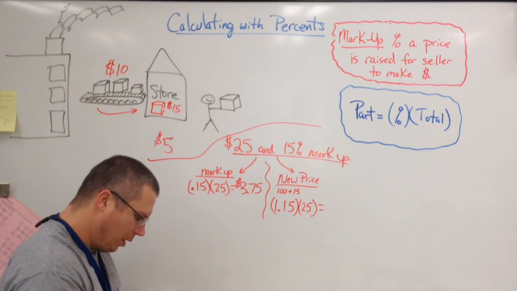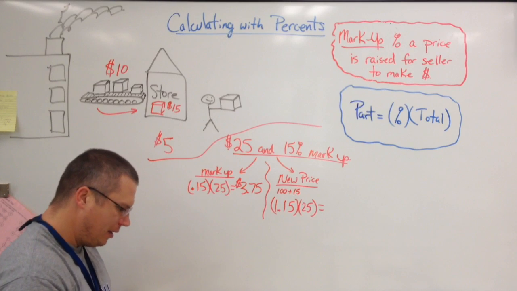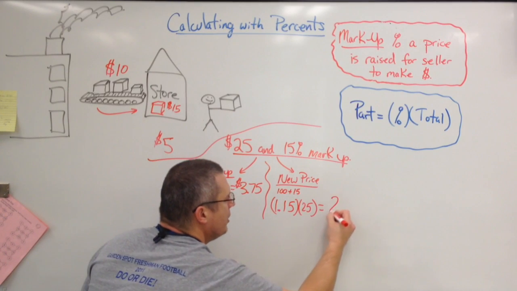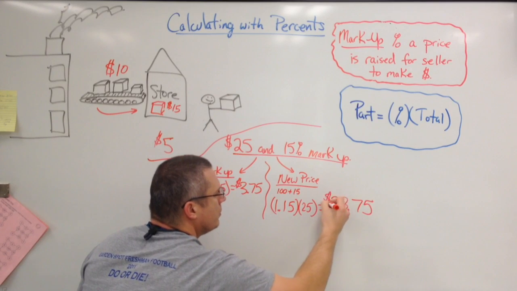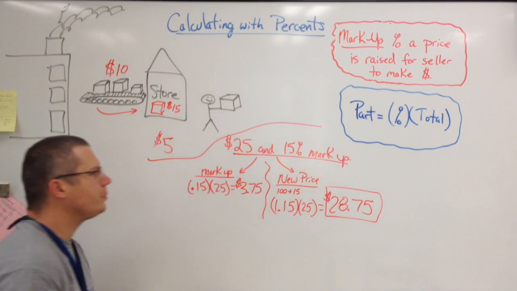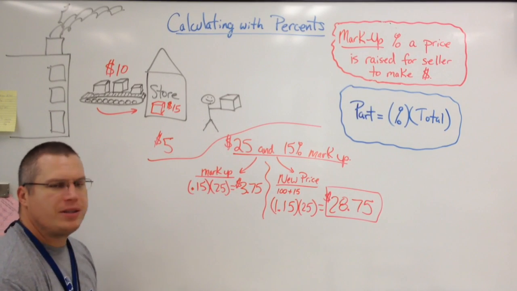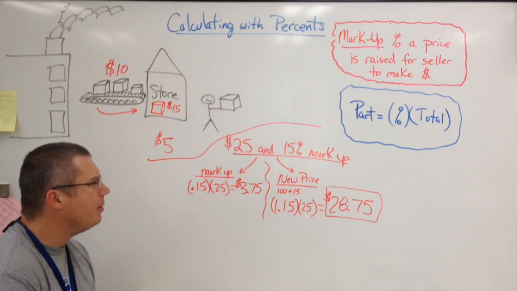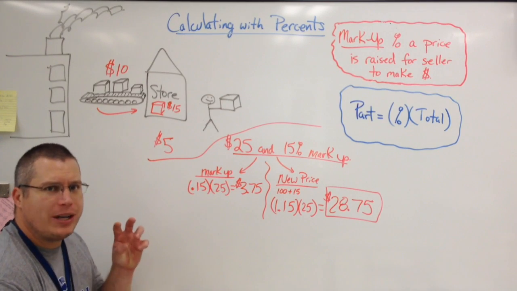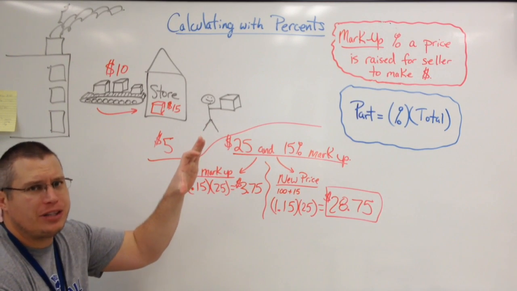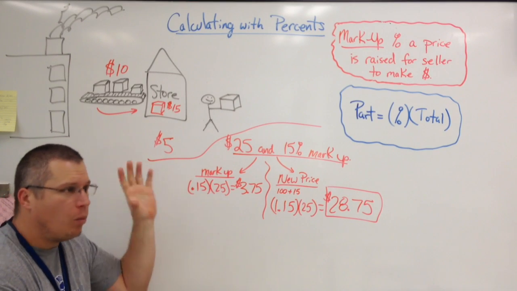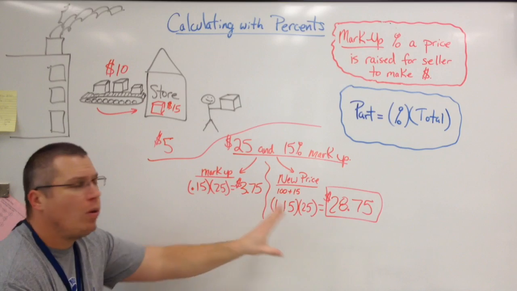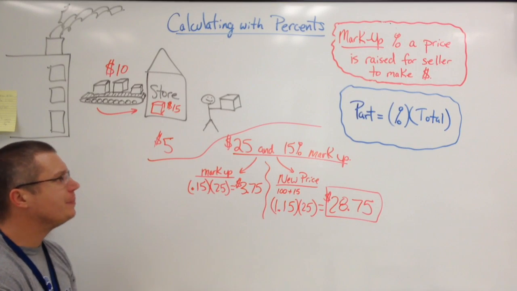So I have 1.15 times 25 gives me $28.75. Okay, so this is very much like tax and tip, where you're taking an object, increasing it by a certain percentage, and coming up with either what amount it raised, or what my new price is altogether.